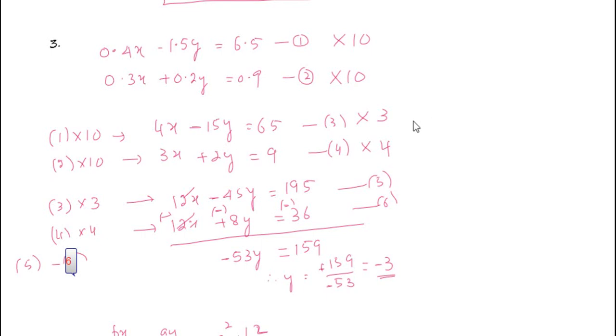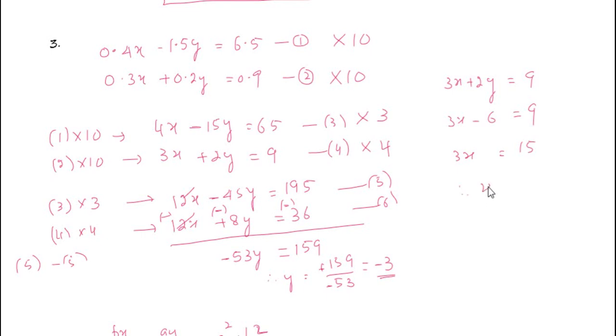Now let us take one of the equations here. So 3x + 2y = 9. So y = -3. So 3x - 2, so 2 into -3 is -6, equal to 9. So 3x = 9 + 6, that is 15.